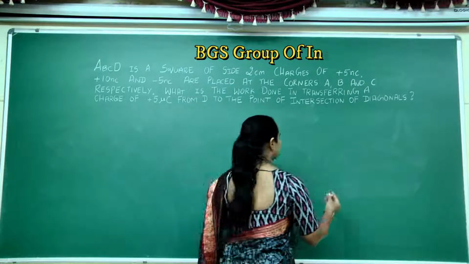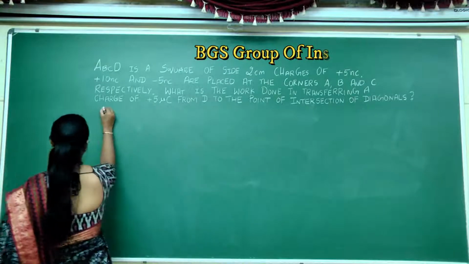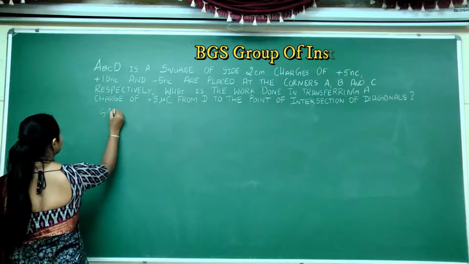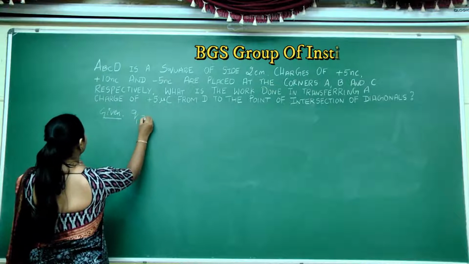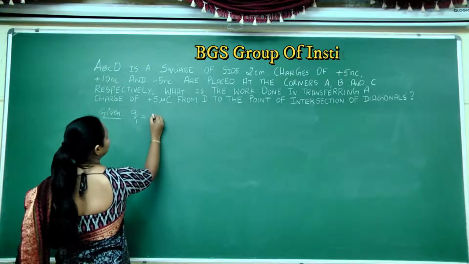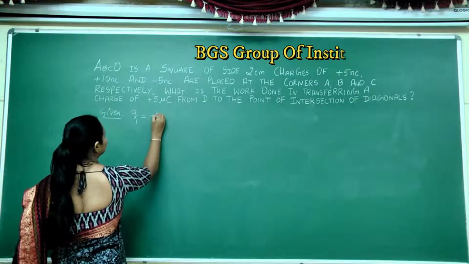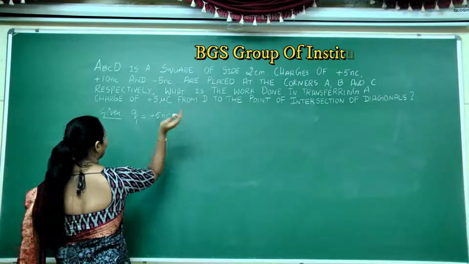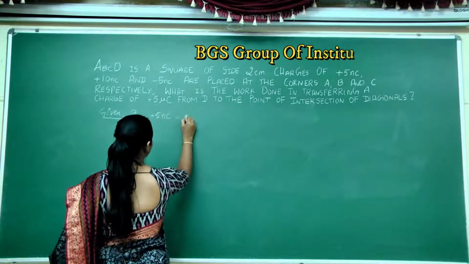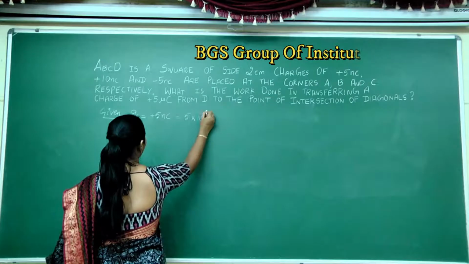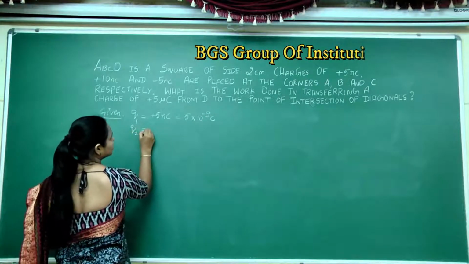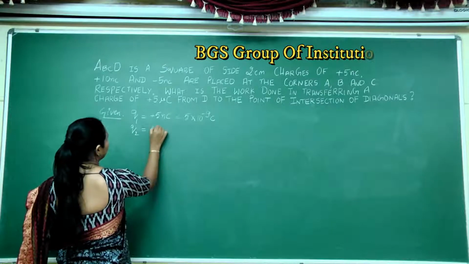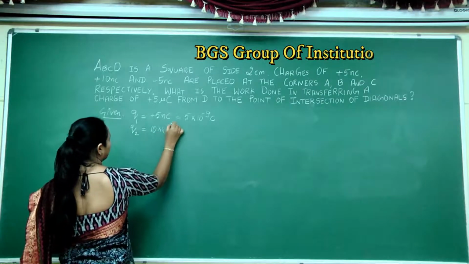So first write down the given data. Q1 is equal to plus 5 nanocoulomb, that is 5 into 10 power minus 9 coulomb. Q2 is equal to 10 nanocoulomb.